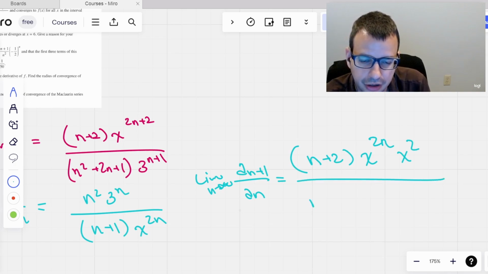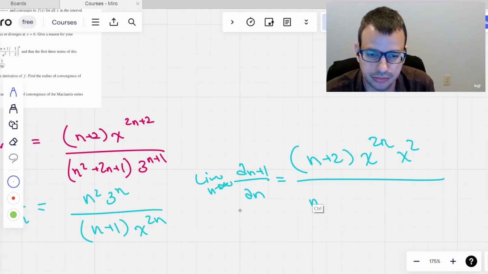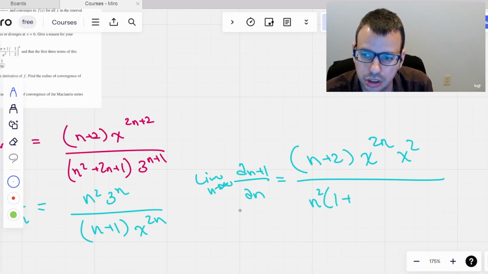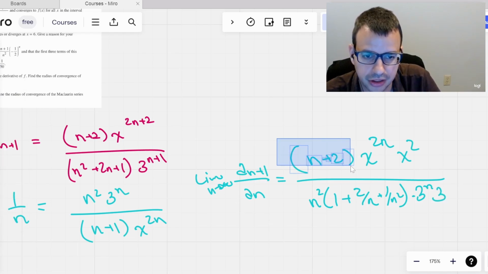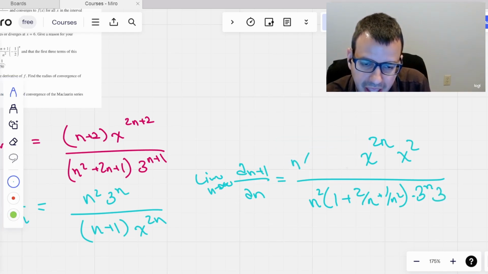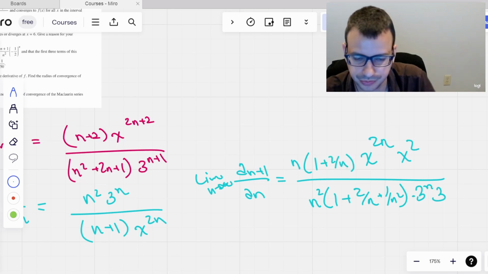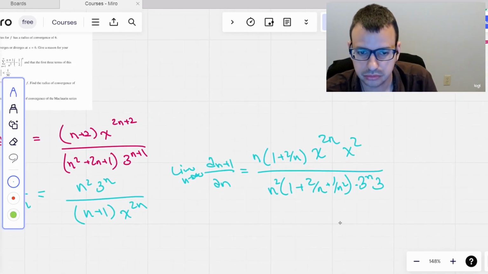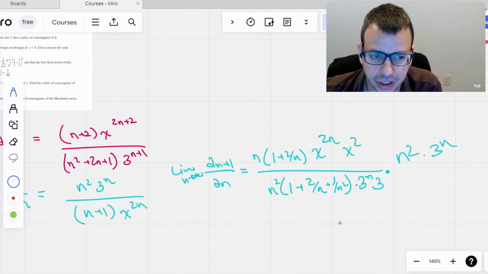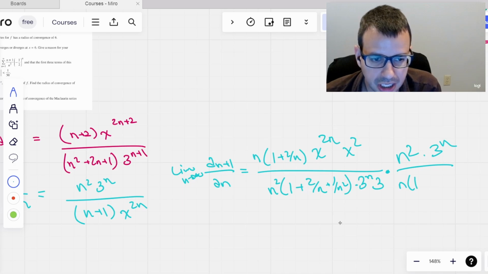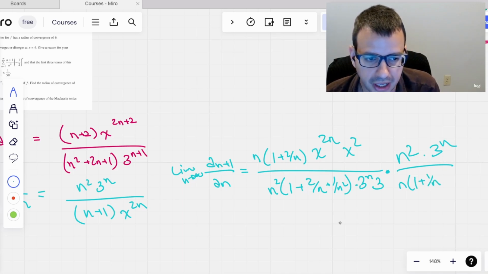All over, I'm going to write this as n squared times (1 plus 2 over n plus 1 over n squared) times 3 to the n times 3. I'm going to rewrite this part up here as n times (1 plus 2 over n), times, then I'm going to do n squared 3 to the n, n times (1 plus 1 over n), times x to the 2n.